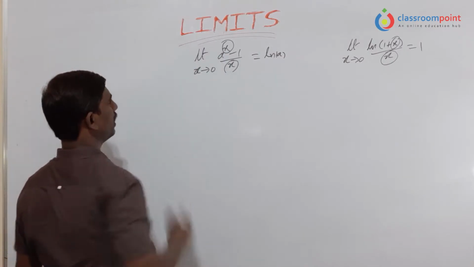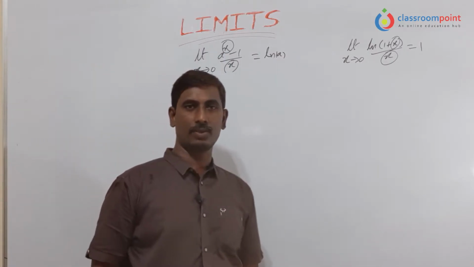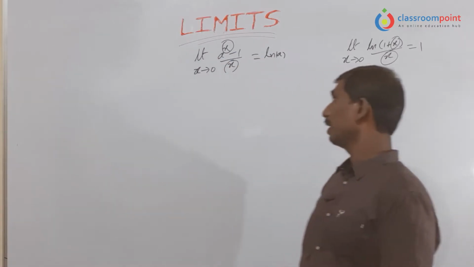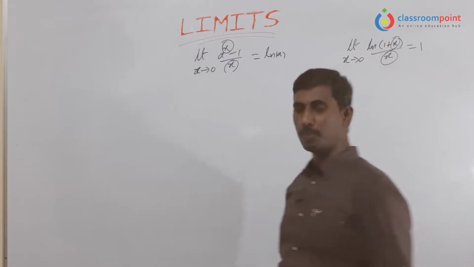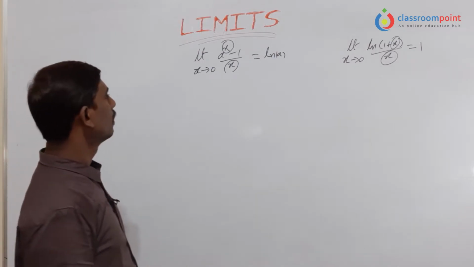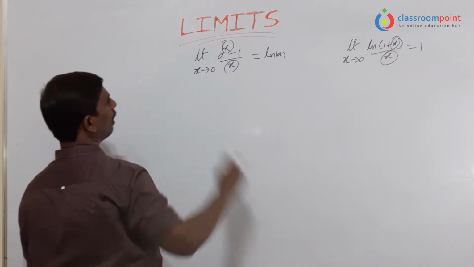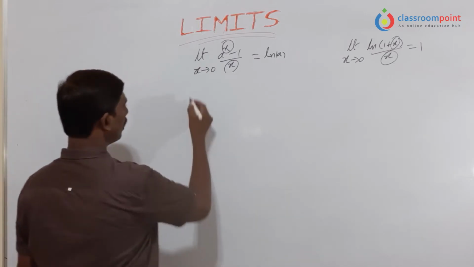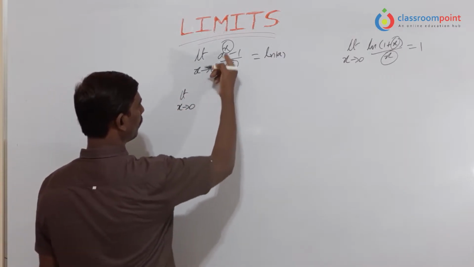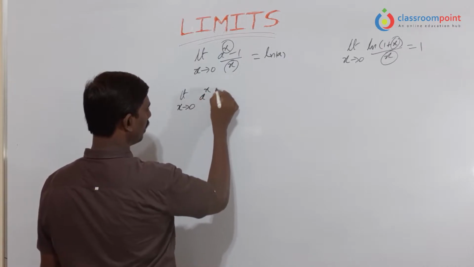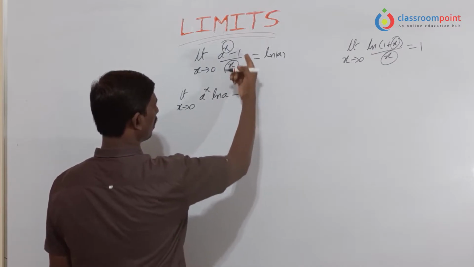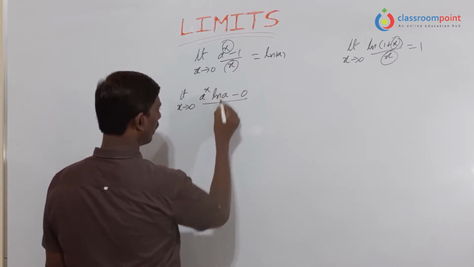Now, next one is (a^x − 1)/x is equal to ln of a. Then how to simplify? What is the proof of that? Then how to take the calculation? First of all, by using L'Hopital rule, for solving that, limit x tends to 0, a^x derivative is a^x into ln of a, minus constant derivative 0, by 1.